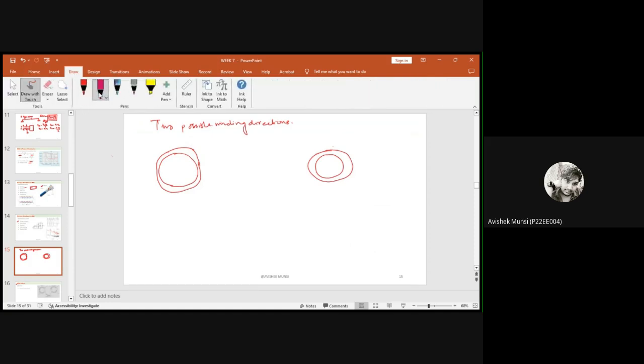You wind it in this way, so from here it is entering and here it is exiting.